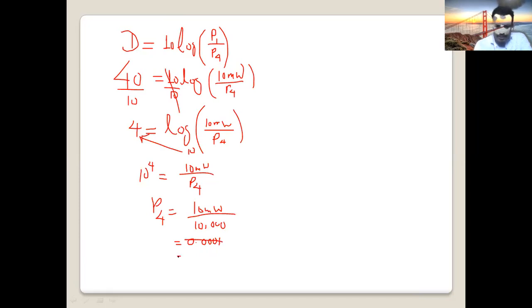Sorry, it is 0.001 milliwatts. Okay, you see how much power it is? Very small amount of power. 0.001 milliwatt goes to P4.